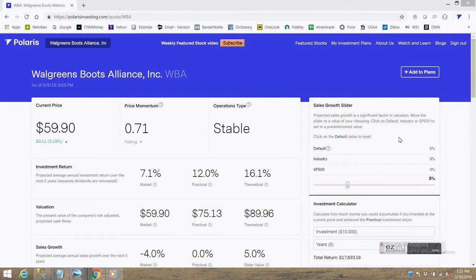A value add of the PolarisInvesting.com website dealing with sales growth is it does provide a default value. You can see here in the case of Walgreens, it's showing a default sales growth of 5%.